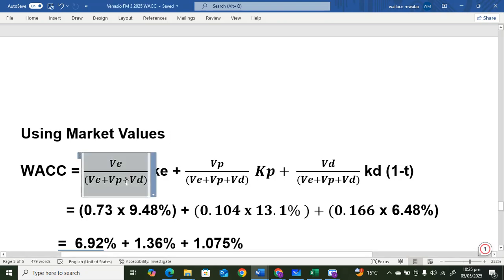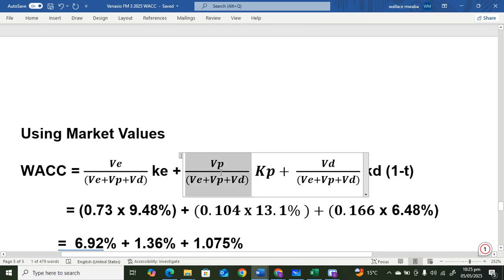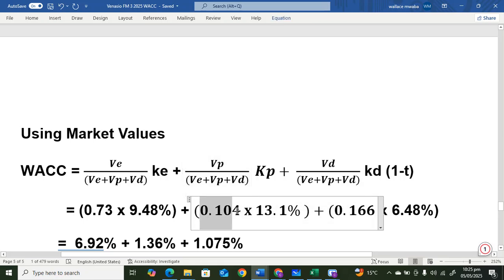So we already had our weightages. Ordinary shares, this weightage, we did it, we got 0.73. Preference shares, with this weightage, we already did it, we got 0.014. Debentures, this weightage, we did it, we got 0.166.